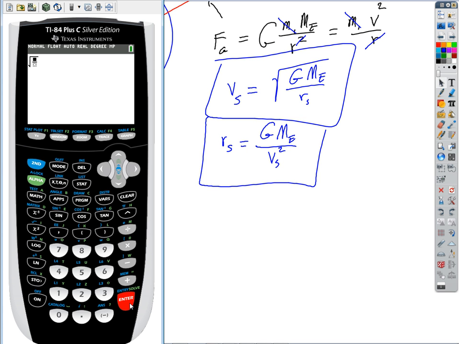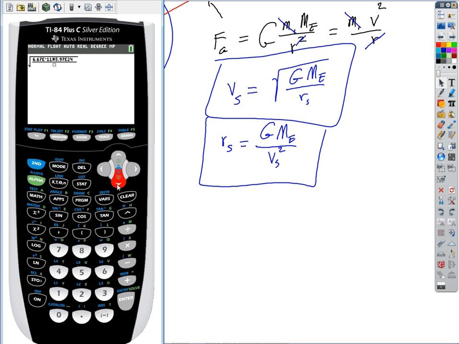Square root of 6.67 e negative 11 times the mass of the Earth, 5.97 as the book says, E24, divided by the radius, which we said was 43,015 kilometers, so it's going to be 43,150,000 meters.